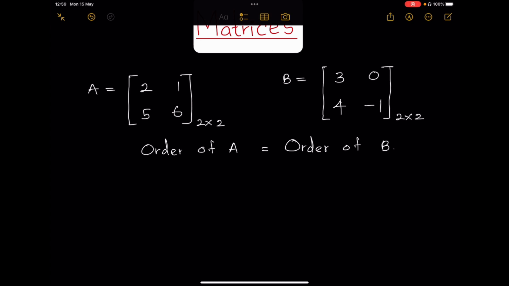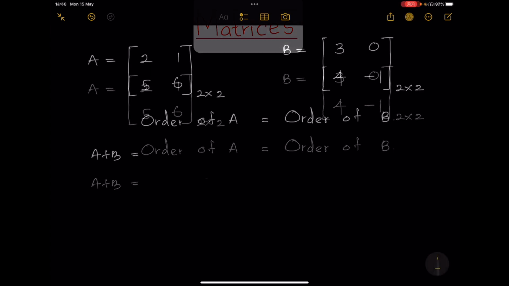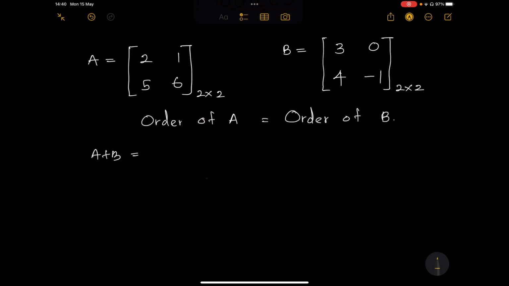To get A plus B, we should add the corresponding elements. So the first element A11, which is in the first row and first column in matrix A, is added to B11, which is in the first row and first column in matrix B. So this is 2 plus 3.